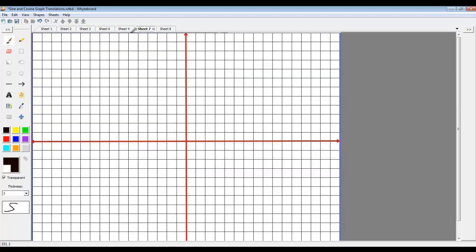Okay, so let's see about graphing that. Let's put pi over 2 right here. Let's put pi right here. Let's put 3 pi over 2 right here. Let's put 2 pi right here. Got 1, 2, 3.